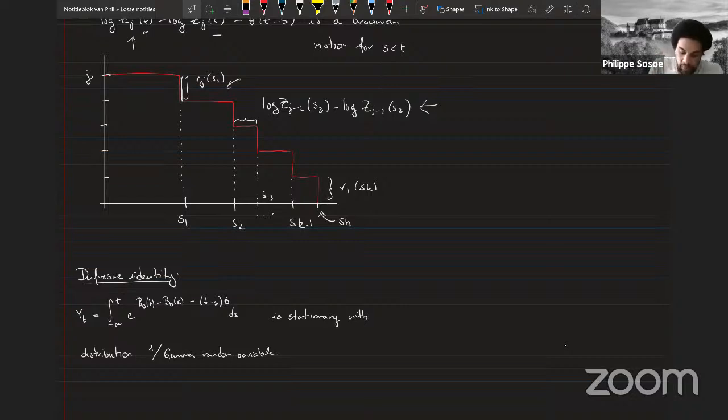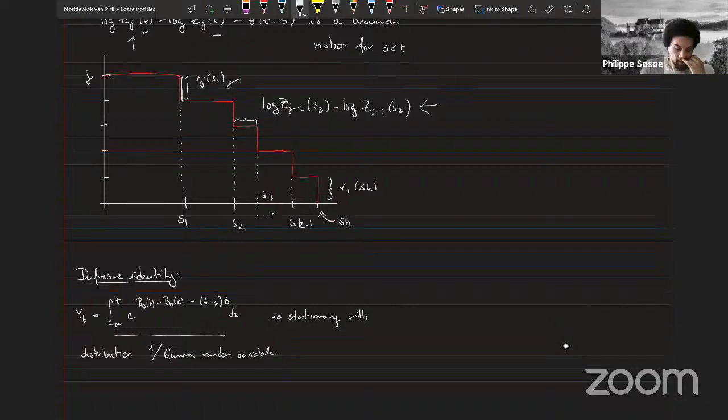For example, if you are interested in R1, if you just look at this toy model, this little integral here, this one-dimensional integral that has the flavor of the partition function that I showed you: you take a two-sided Brownian motion and integrate e to the b0(t) minus b0(s) minus (t minus s) theta, from minus infinity to t.